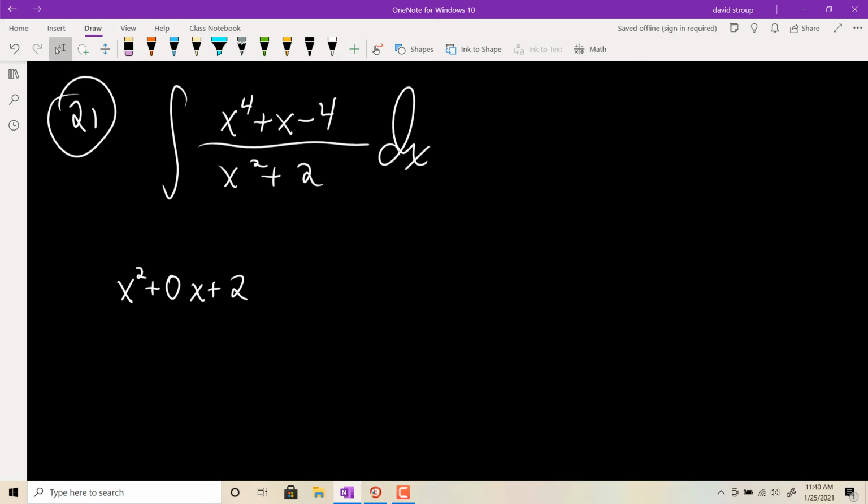If you don't have that x to the first, like we don't have here, I just put a 0 in its place. When I was in your shoes, I never did that, and I always got it to work out, but it's just a nice habit to have. So this would be 0x cubed plus 0x squared. And all it does is line things up, so it makes the division a little easier.